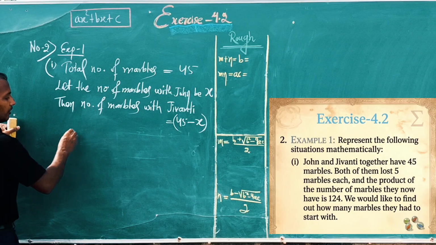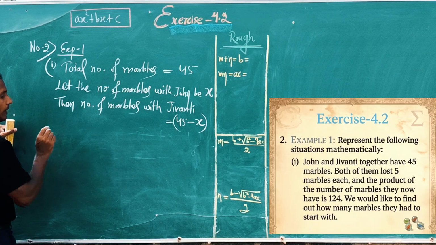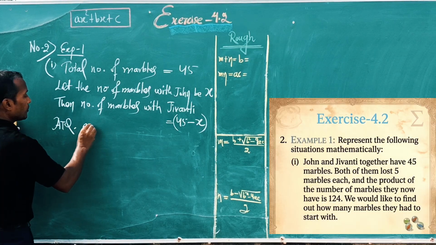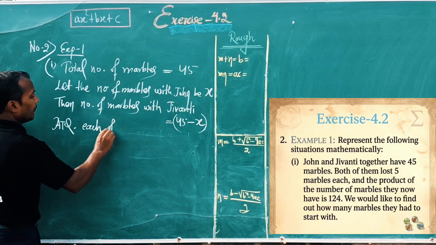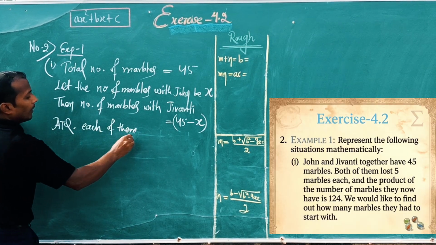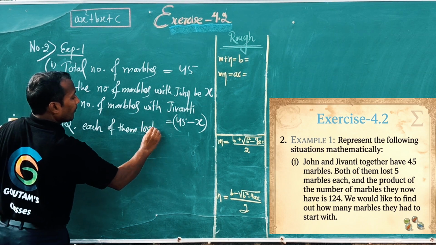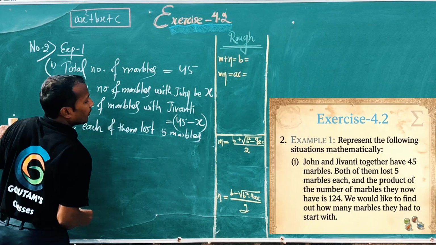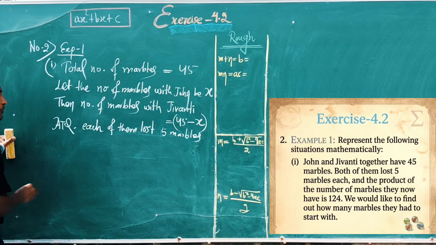So let me write, after they lost 5 marbles, how many do they have? According to the question, each of them lost 5 marbles.